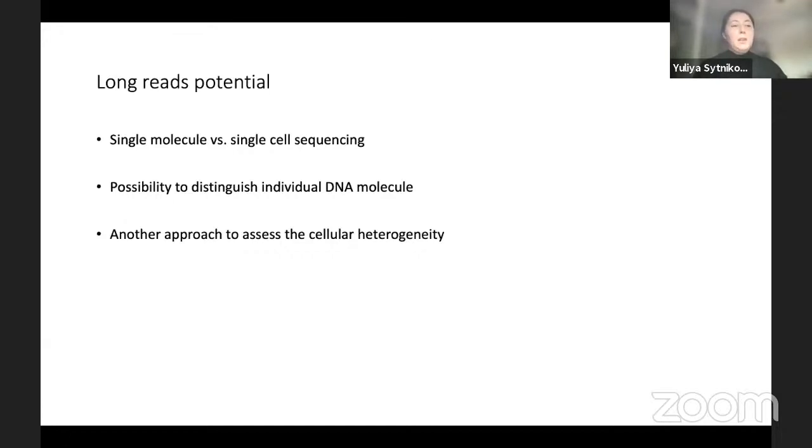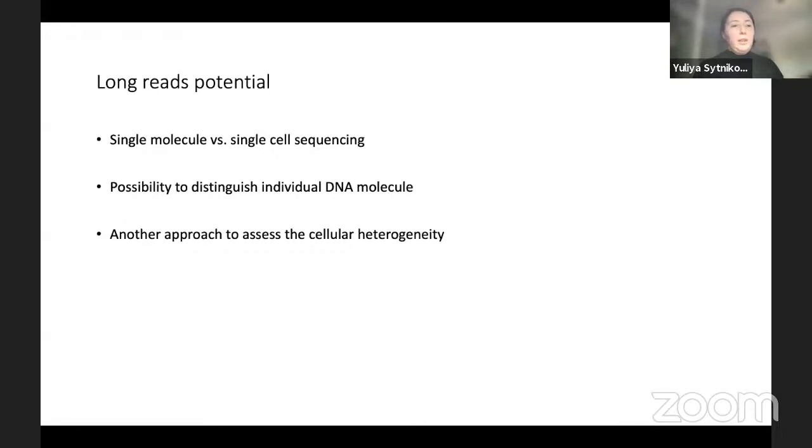And technically for DNA, this approach could be used as some kind of alternative to single cell approach, especially for tissues which are hard to lyse or which you cannot separate into single cells for some reason. You cannot use it for RNA because RNA is present in multiple copies per cell, but for DNA you usually have 2 copies.